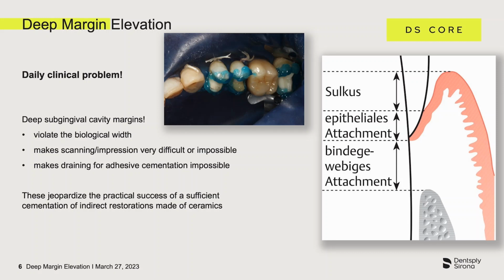The biological width is subject to a certain range of variation depending on the localization in the dental arch. A good guideline here is a distance of 2 millimeters. In practical terms, this means that the restoration margin should be at least 2 millimeters away from the crestal margin of the alveolar bone. A practical solution is needed at this point.